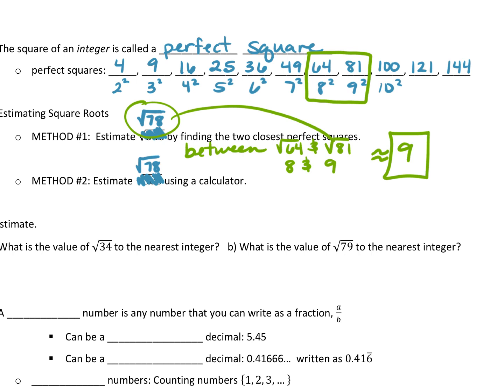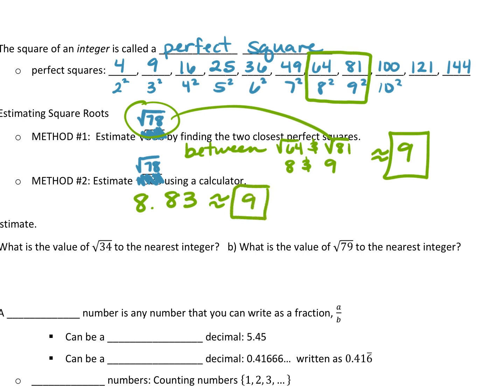Now plug it into your calculator. Plug in the square root of 78. You get 8.831760, right? It just keeps going. So I would say if we're approximating, that is about 9.